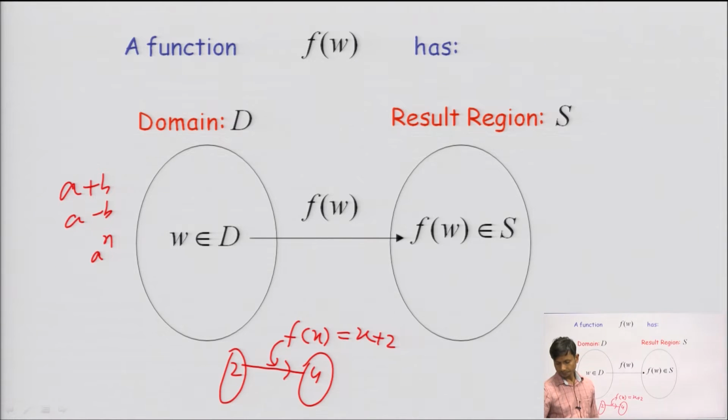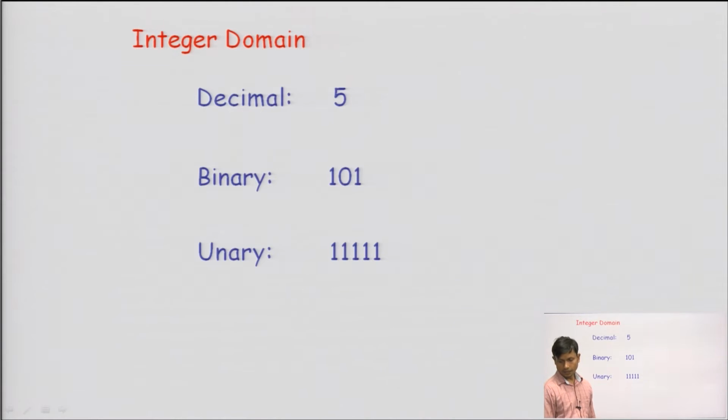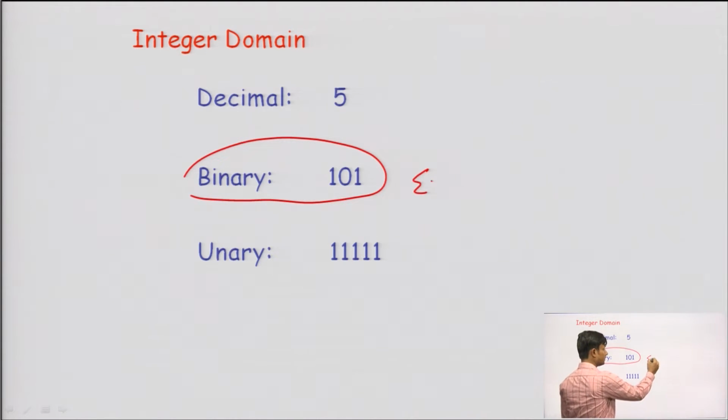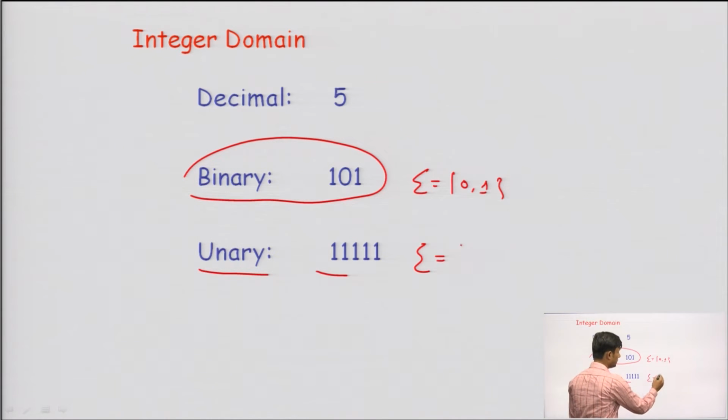Now let us see how to go about it. Suppose this is a decimal number; here we can have binary input, meaning the input alphabet is 0 and 1. Unary input alphabet means only 1.